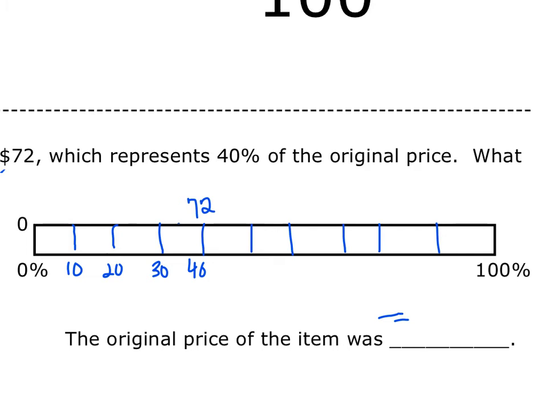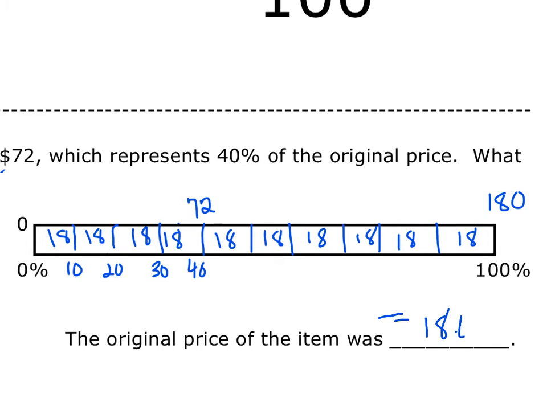So if we take 72 and divide it by 4, then each one of these will be 18. And because these are 18, now we're going to fill in these. So there's 10 blocks times 18. The total, the whole, would be 180. So the original price of the item was 180.